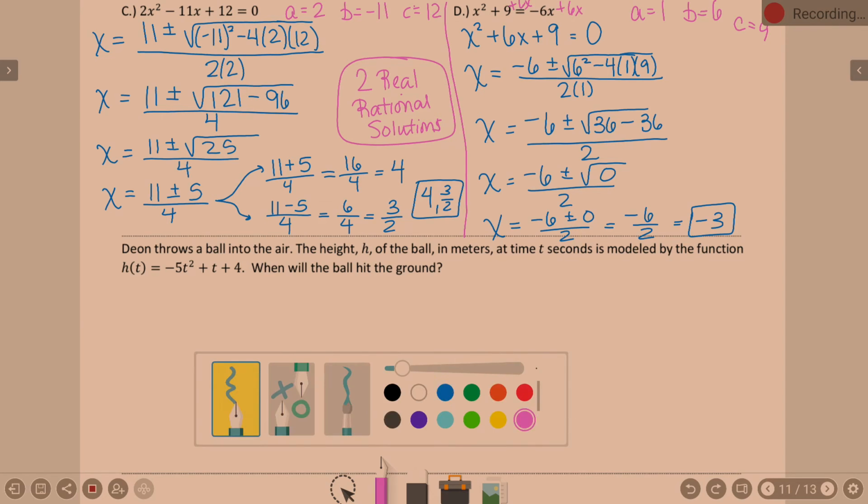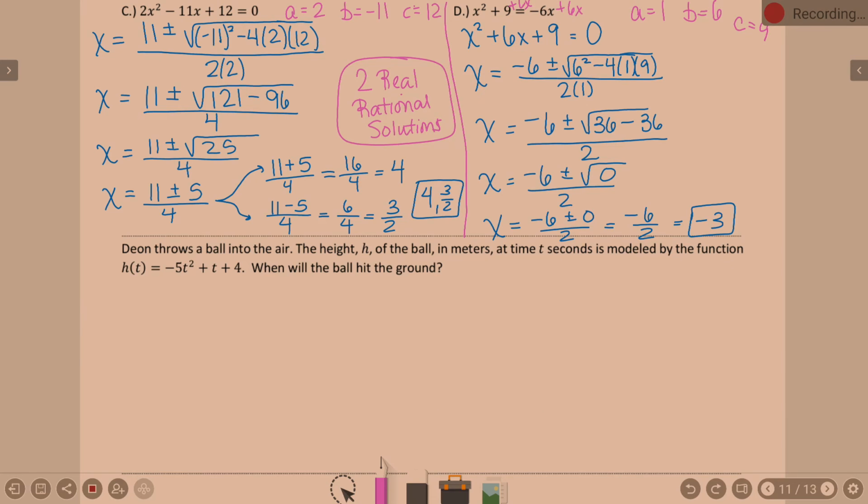I'm going to throw one other piece in there, but yes, there is one solution here. Officially, even though we see one solution, technically there were 2 solutions that were the same. If we do the math out, we got negative 3 twice.